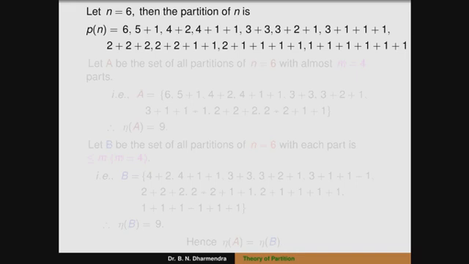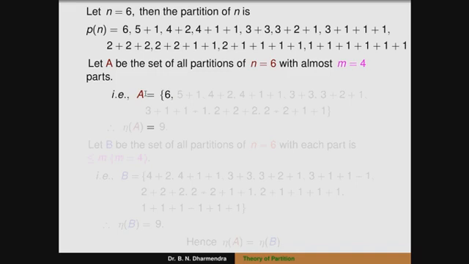So you can observe the terms. Next, take the statement: let A be the set of all partitions of n with at most 4 parts, restricting the value of m. Not exceeding 4 parts, at most 4 parts. What does at most 4 parts mean?